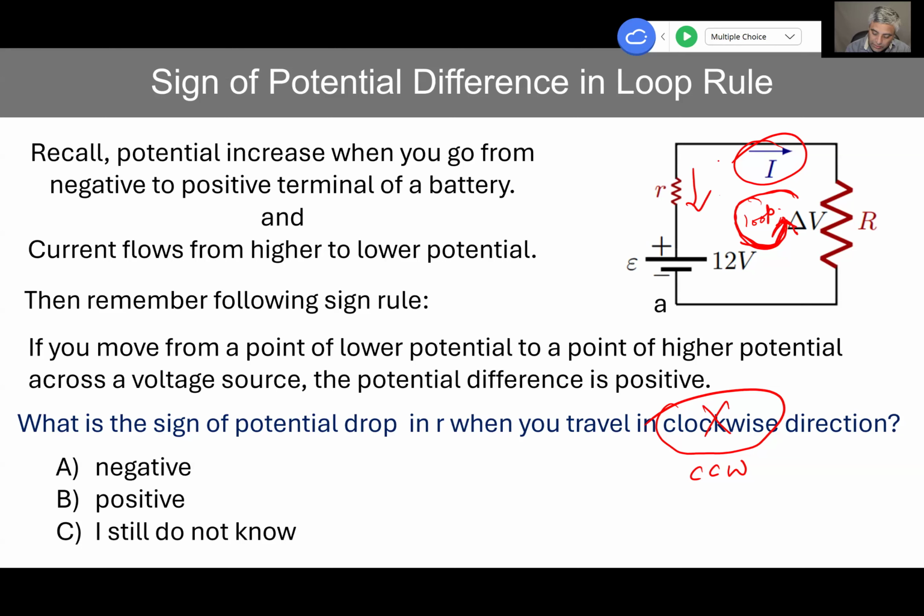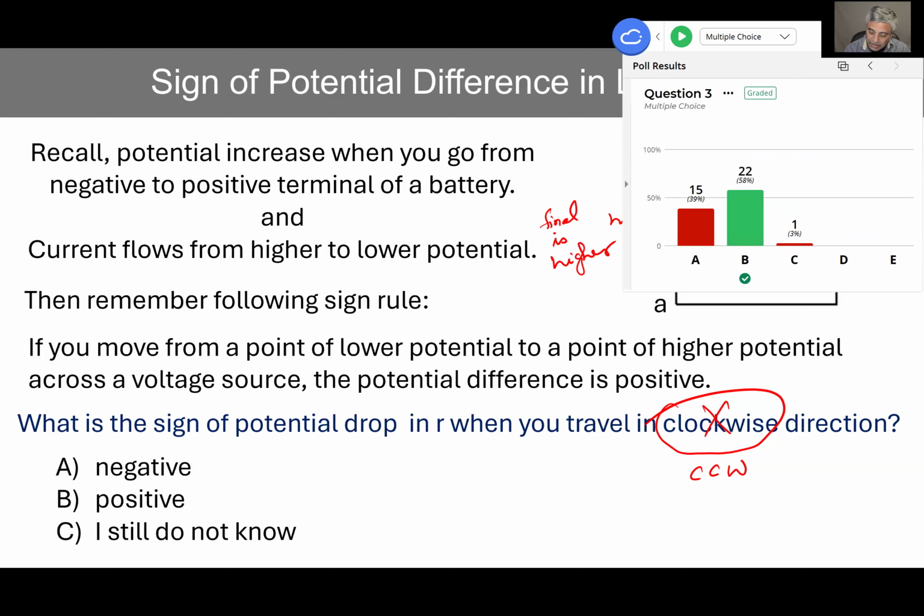So current is going that way, means this is higher. Okay, so final is higher, means difference gonna be positive, right? When final is larger than the initial, the difference final minus initial is positive. So it's gonna be positive this time, okay?